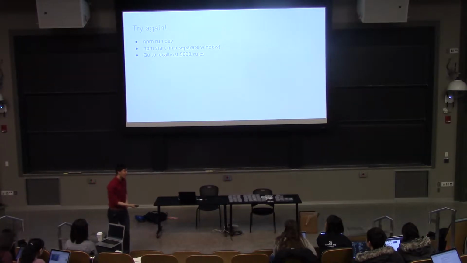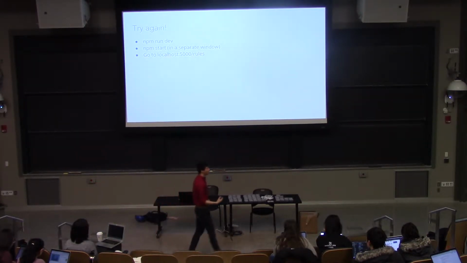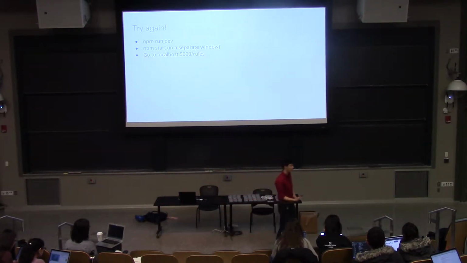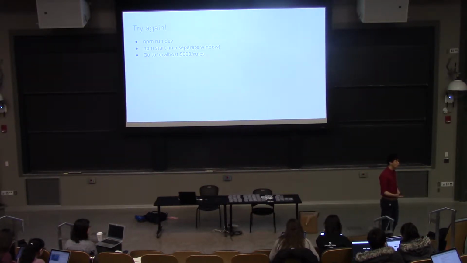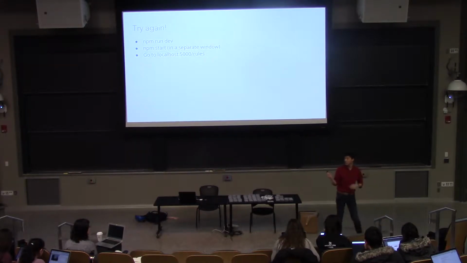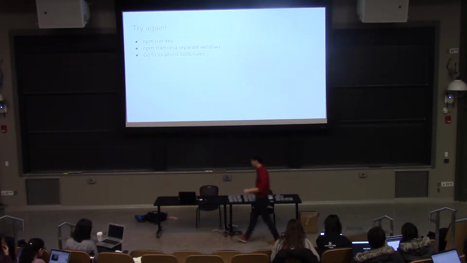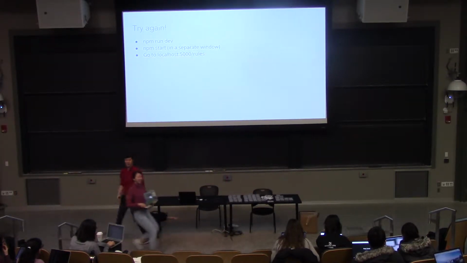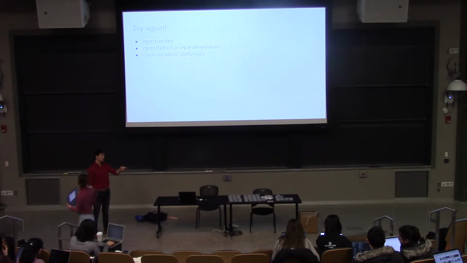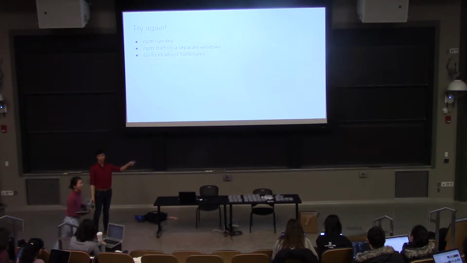So now once you've added that, try again. Go to localhost 5000 /rules, and we'll see what happens. Yes? Okay, can someone help Chen? This is because, do you run your server?